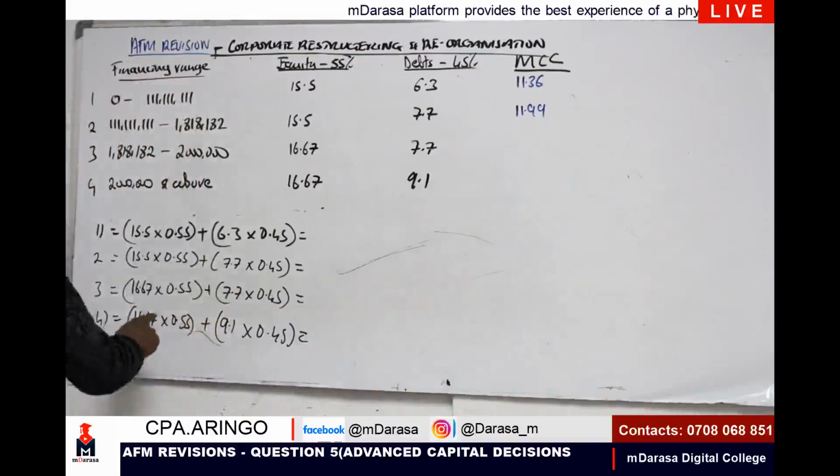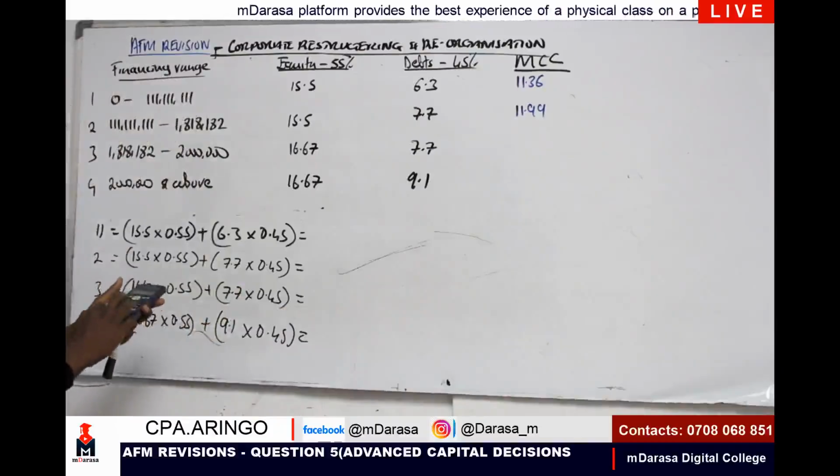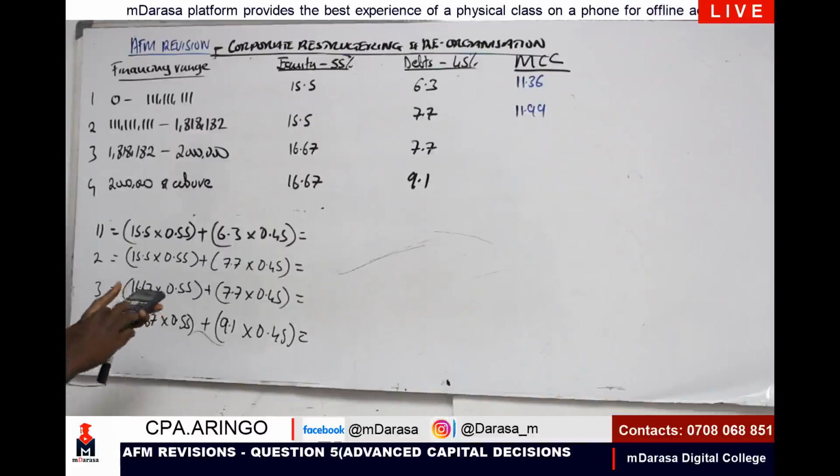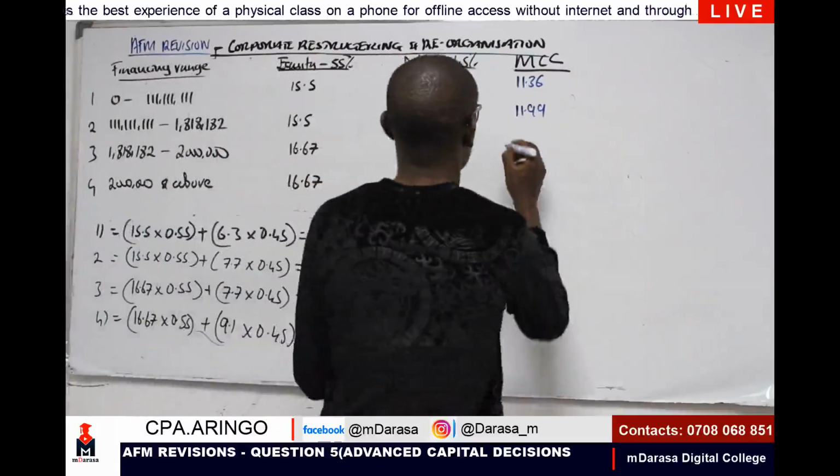The other one, 16.67 times 0.55, we add 7.7 times 0.45, giving 12.63.